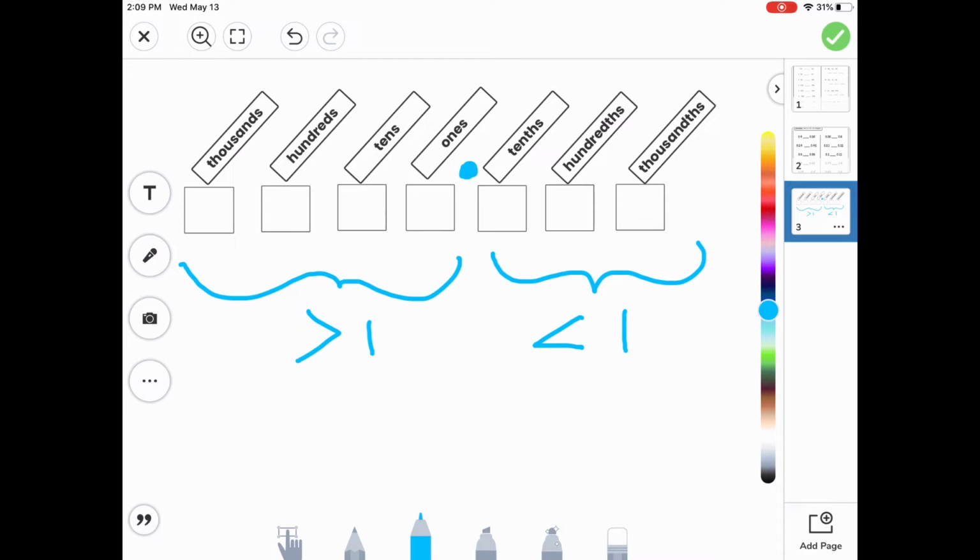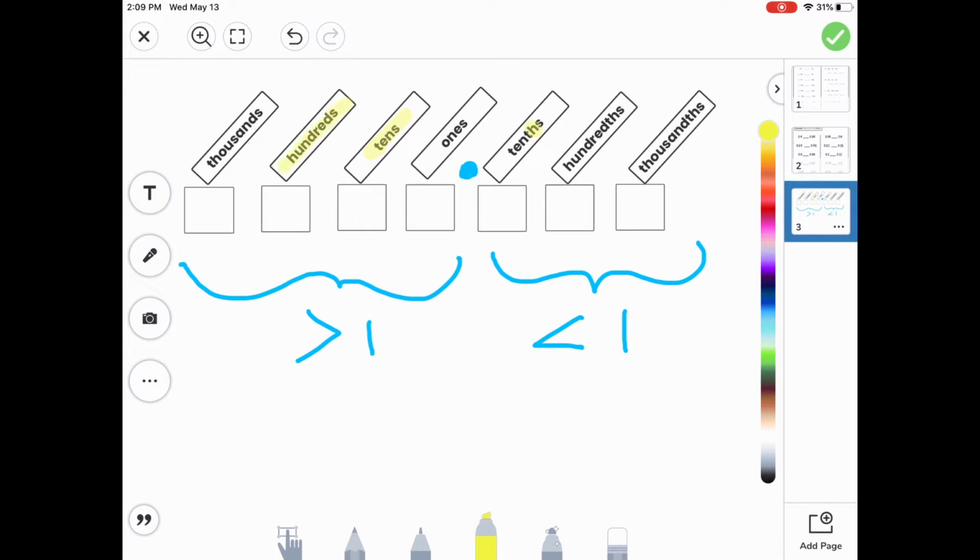I want you to pay attention to the ending of these words as well. On the left side of the ones I have tens, but on the right side, the only difference is a little th at the end of the word. So it's almost like we're spraying a little bit when we say tenths. Same thing with hundreds.